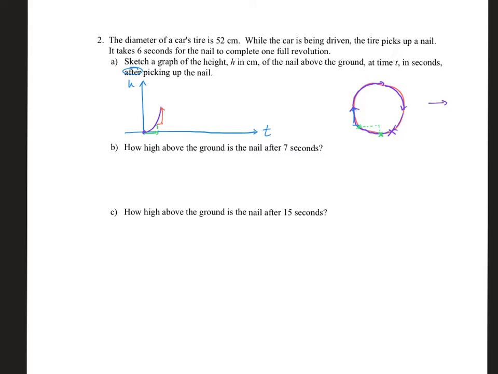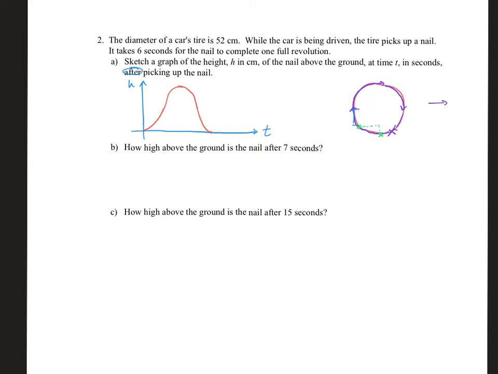So what I'm going to do is I'm just going to erase all of that so we can produce a nice picture. There's my h-axis, my t-axis, and I'm beginning to draw my graph with that increase. Now my nail gets all the way to the top of the tire. It's then going to decrease, and it then returns to the ground.